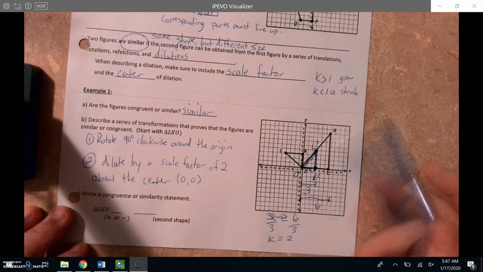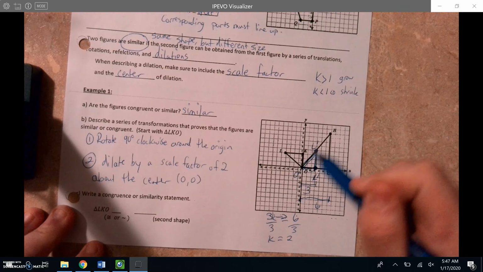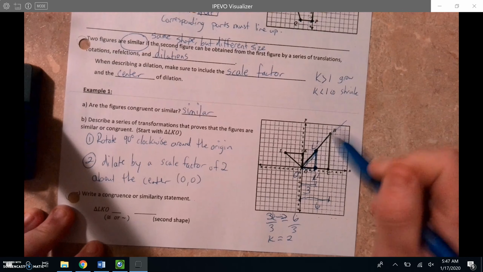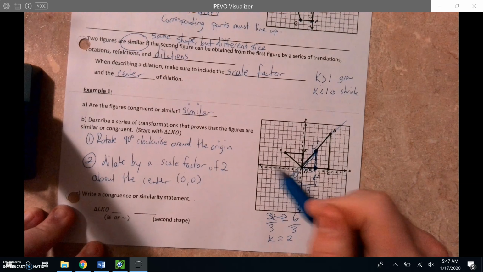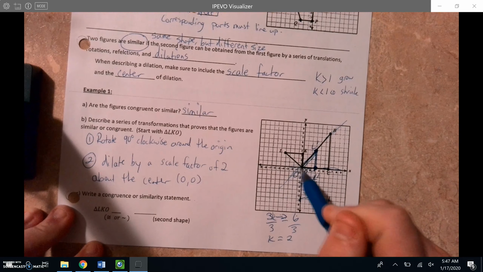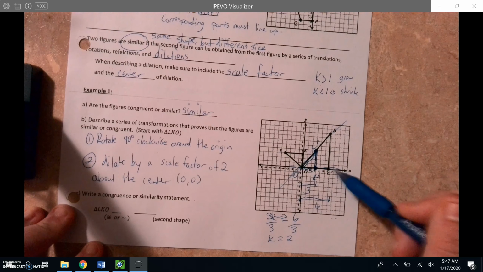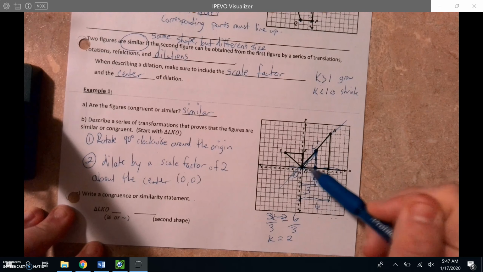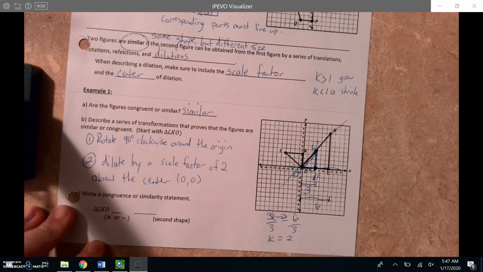How do I know the center is 0, 0? Remember that if we connect our image and pre-image together, so if I were to draw a line here, wherever they all intersect will be the center. So going through here and going through here, and then obviously O is right on the origin. So they all pass through at 0, 0.